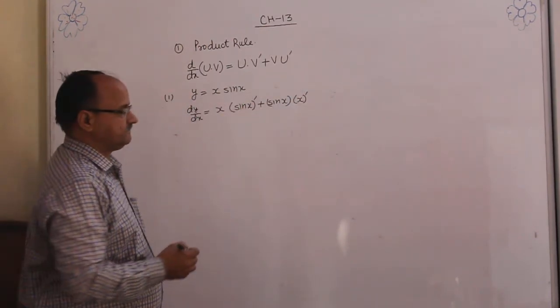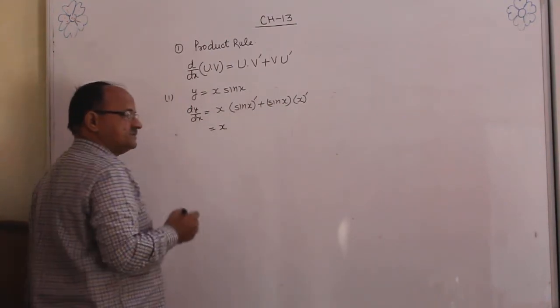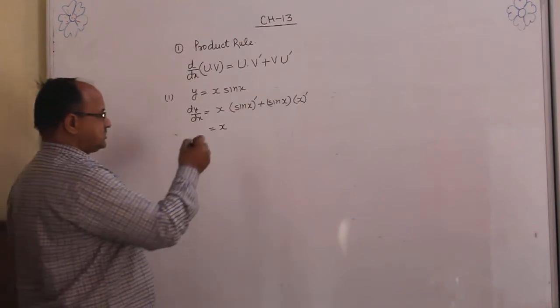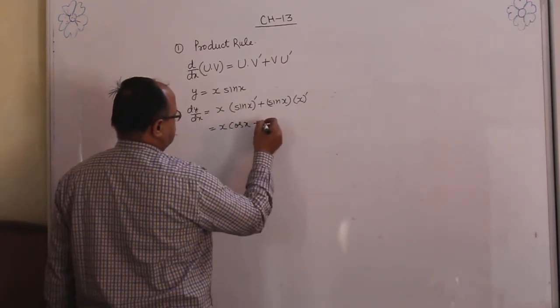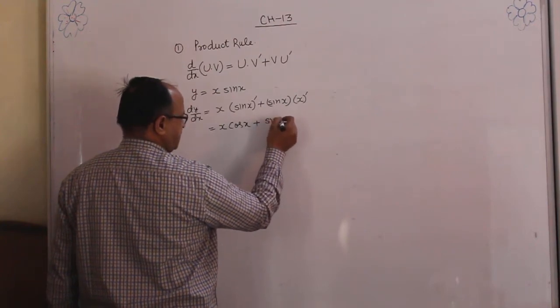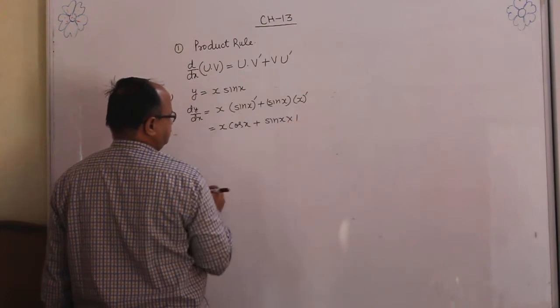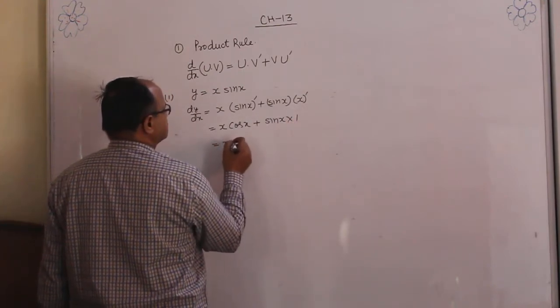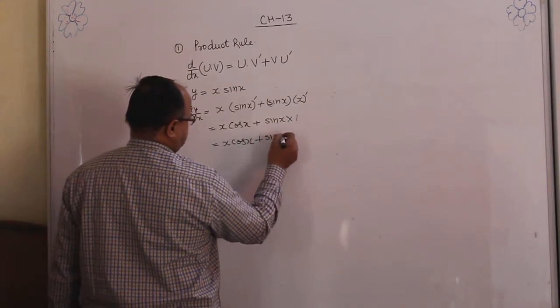Dash means derivative. x, derivative of sin x is cos x, plus sin x as it is, derivative of x is 1. Therefore the answer is x cos x plus sin x.